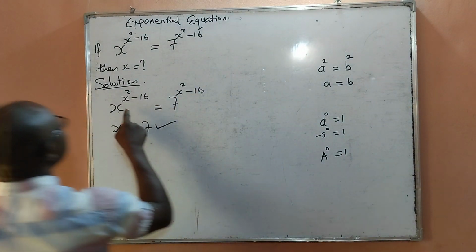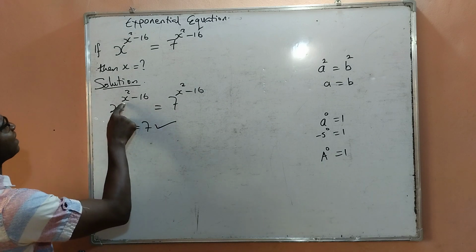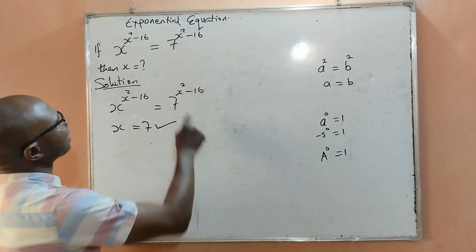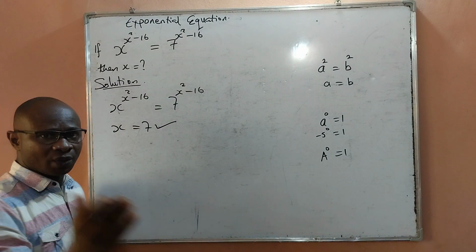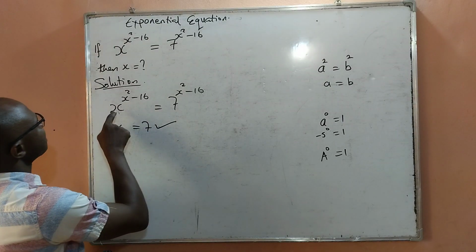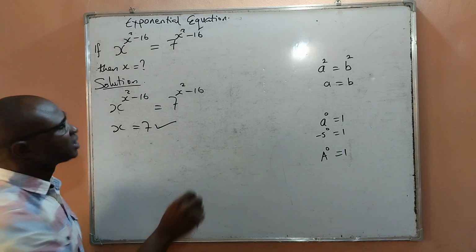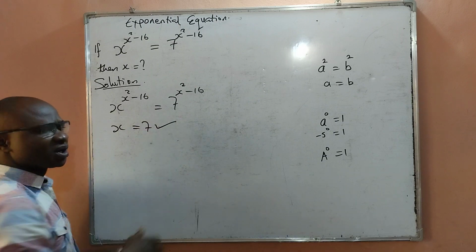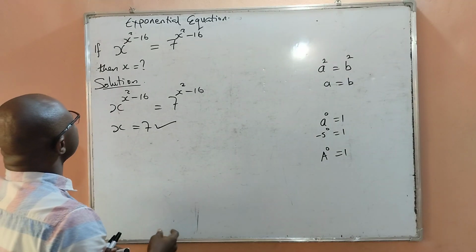Therefore, if you can get the power of the left hand side to be equal to 0, and also the power of the right hand side to be equal to 0, it means that the left will now result to 1, and the right hand side also will result to 1. And when both sides are equal, then that means that the equation is correct.